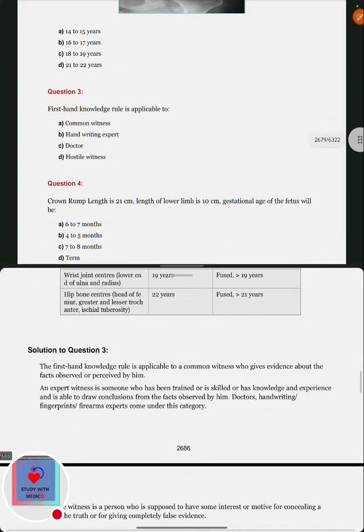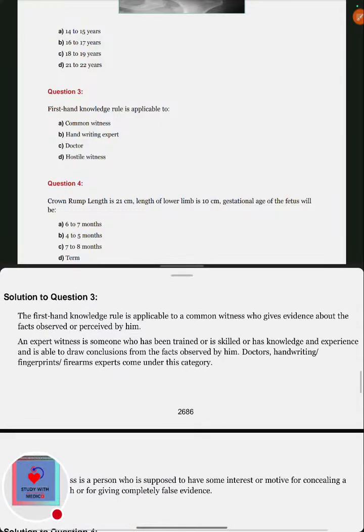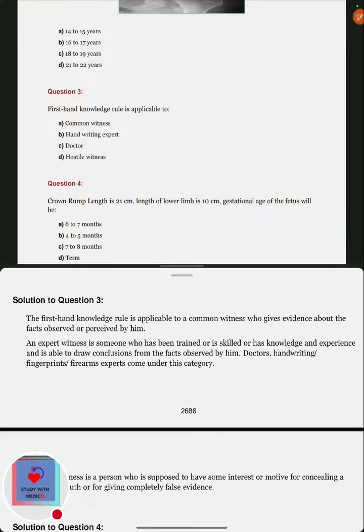The first-hand knowledge rule is applicable to whom? It is a common witness, who gives evidence about the facts observed or perceived by him.